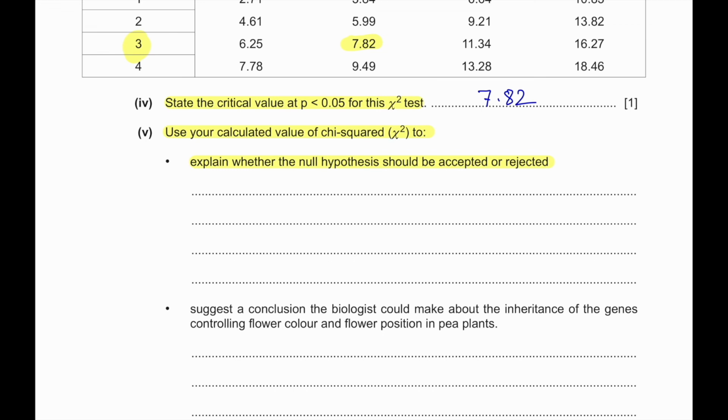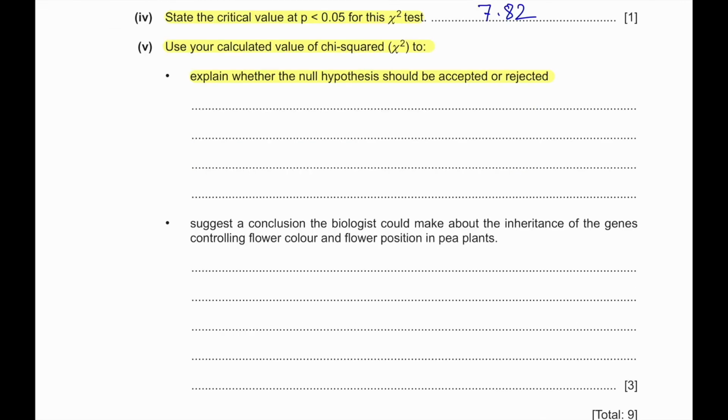So we are not going to accept the null hypothesis. We're going to say that the null hypothesis is rejected, and chi-square is higher than 7.82, the critical value. So we will also say that there is a significant difference between the observed and expected result.